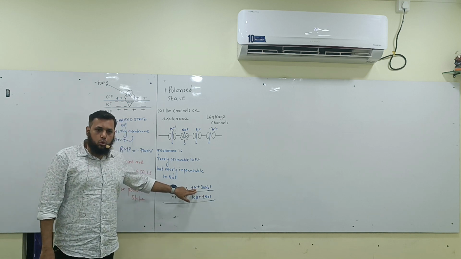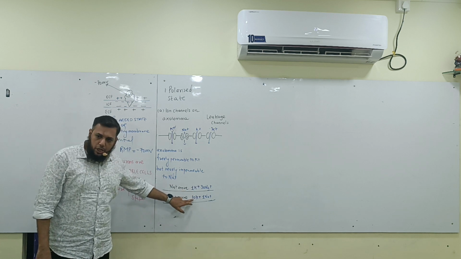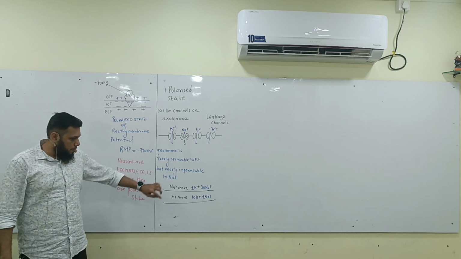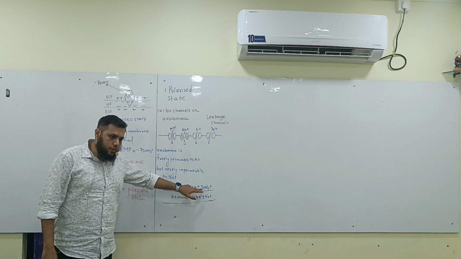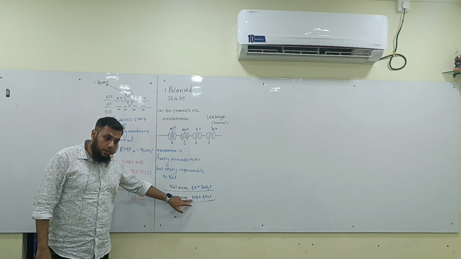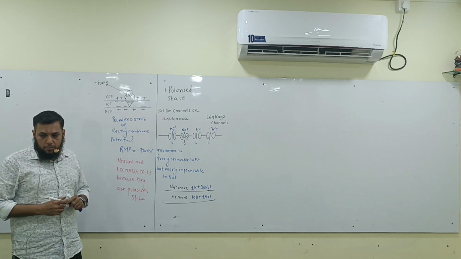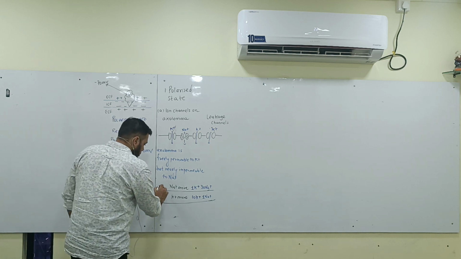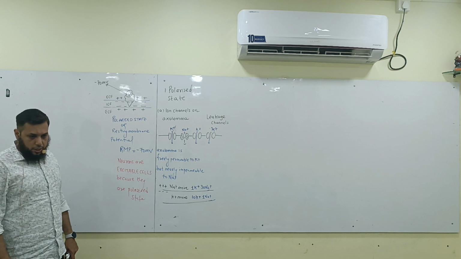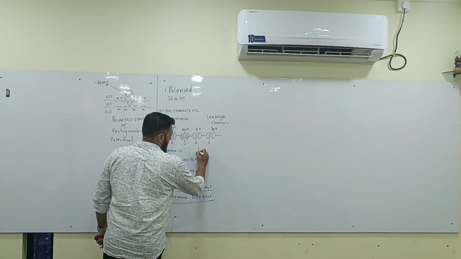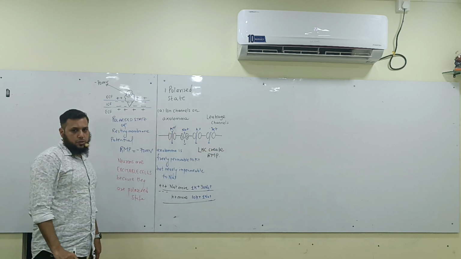And you will see sodium as well as potassium are both positively charged ions, but the sodium outside is many times more than the potassium inside. Which is more outside? Sodium. Which is more inside? Potassium. But the sodium outside is many times the potassium inside, so where will the positivity be more? Outside. As a result of which outside it will be electropositive, inside it will be electronegative. Okay, so these ion channels, these leakage channels, create the resting membrane potential.